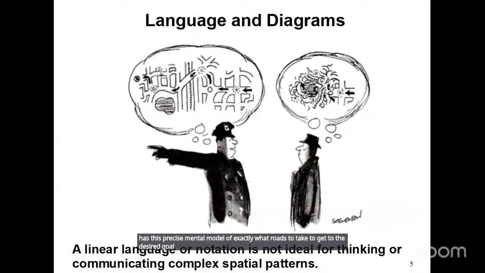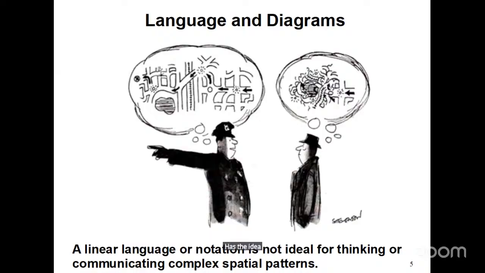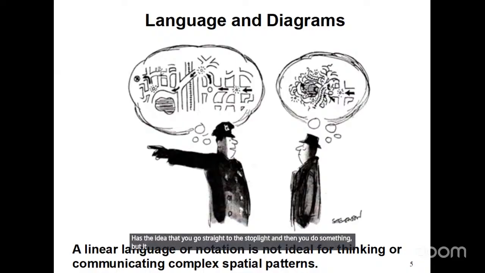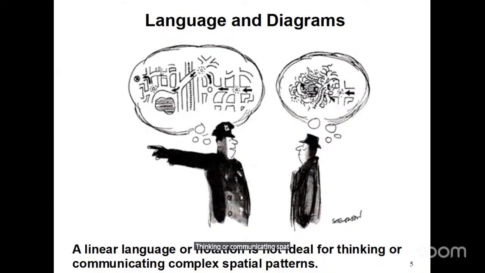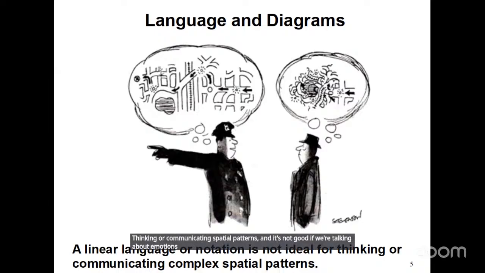But his explanation is just a bunch of words, and the man on the right has the idea that you go straight to the stoplight and then you do something, but it's just a jumble. And that is the problem with language. It's not ideal for thinking or communicating spatial patterns. And it's not good if we're talking about emotions or a huge number of things that people need.